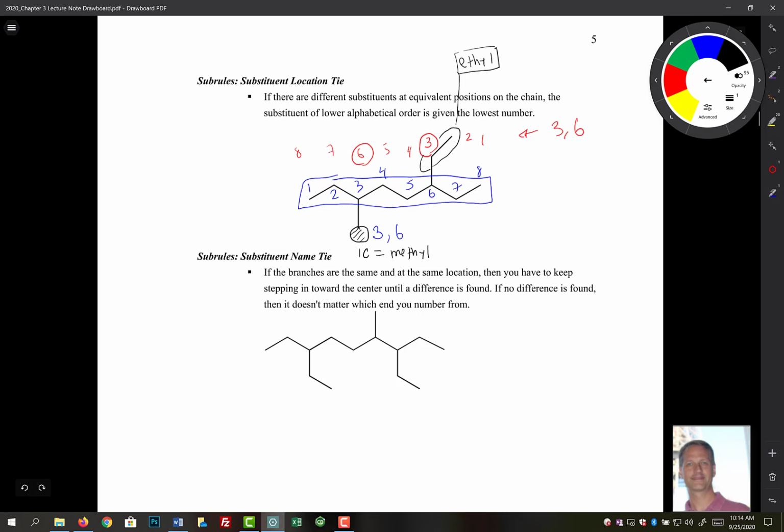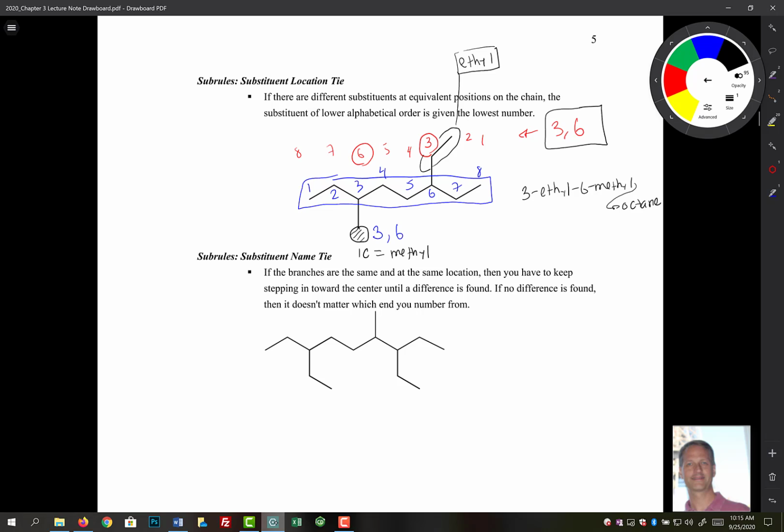Alphabetically, ethyl comes before methyl, so it's this red numbering that we'd want to use here. The name of this would be 3-ethyl, 6-methyl, and I ran out of space here, but this would be connected to octane.